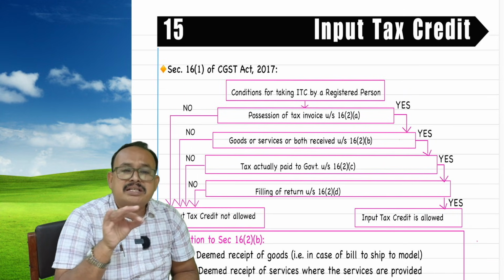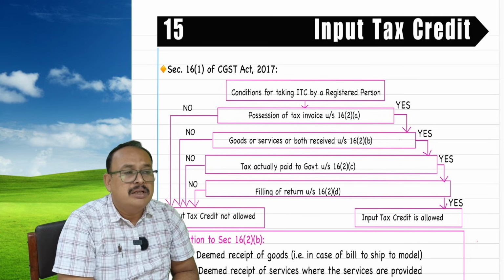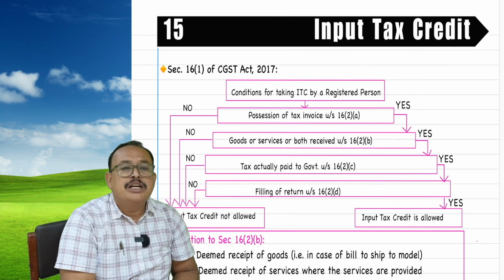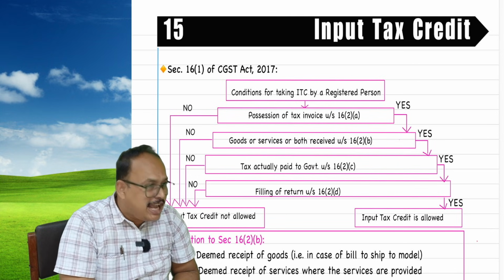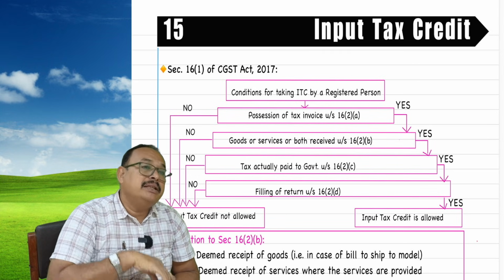Where we have section 16, subsection 2, clause A. The person who wants to claim input tax credit should be in possession of the tax invoice or debit note issued by the supplier.